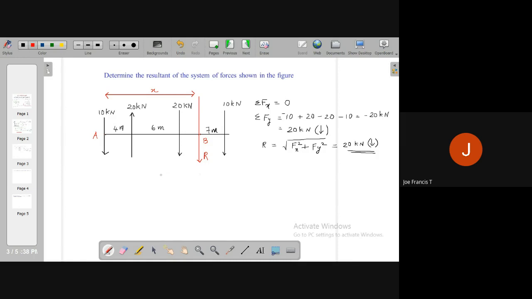So you can write it as sigma M A, the algebraic sum of moments due to the components, is equal to the moment due to the resultant, R into X. So this is Varignon's theorem. So we need to find an expression for sigma M A. So what is sigma M A?